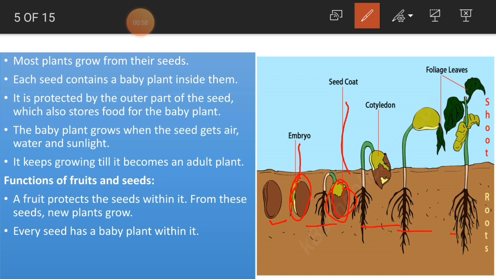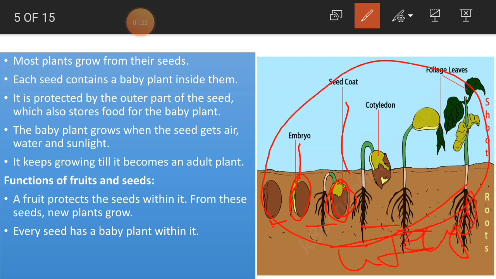So it starts growing from the embryo, seed coat, and then different parts here, and at last it becomes an adult plant. This total process of a plant, where it germinates from the small seed till the adult plant, is called the life cycle of the plant.